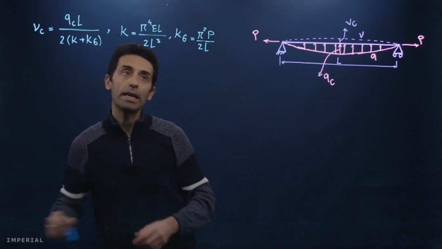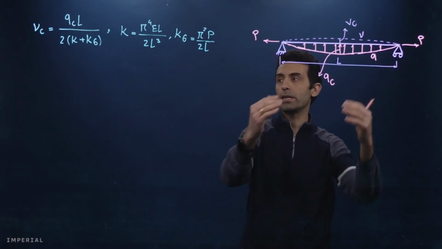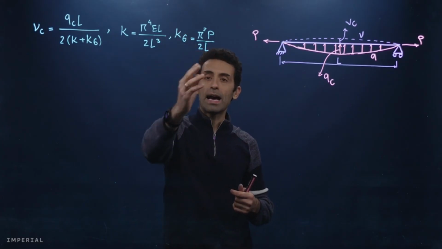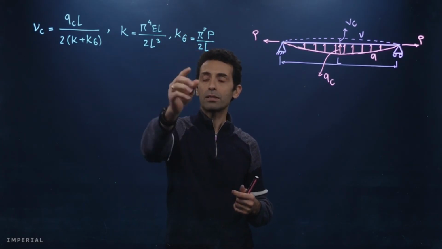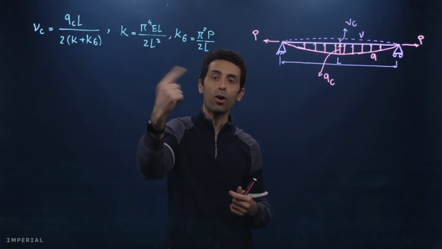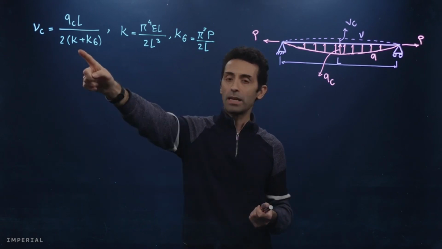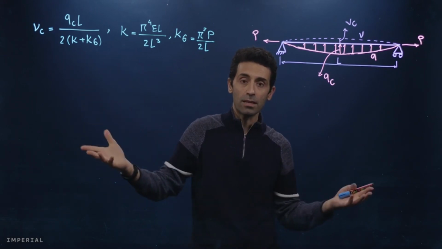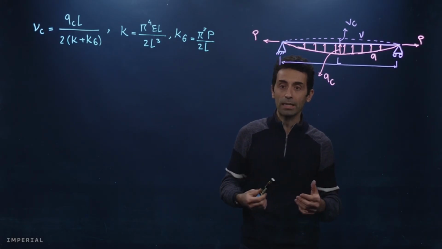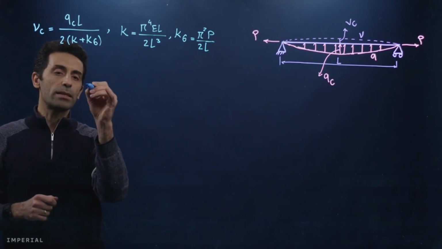If we increase the compressive force on the beam, this term will be negative and it will just increase in magnitude. At some point, this K sigma will be equal to K, but in the opposite direction. So what happens is that you will have a denominator that is zero, and that is a singularity. Mathematically, this is a singularity, but mechanically that does have a meaning. So let's write that here.